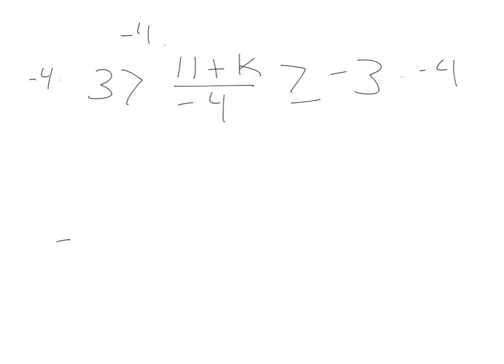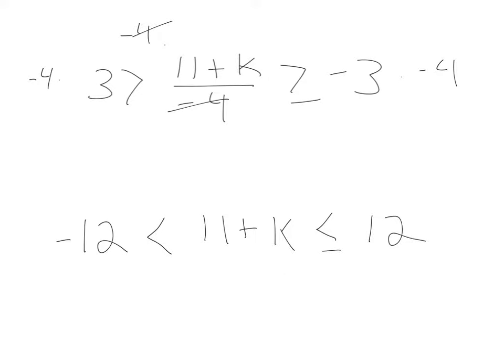we get -12, and then we flip the sign, so less than 11 plus k, because those -4's just cancel out. 11 plus k is less than or equal to positive 12, because negative 3 times negative 4.